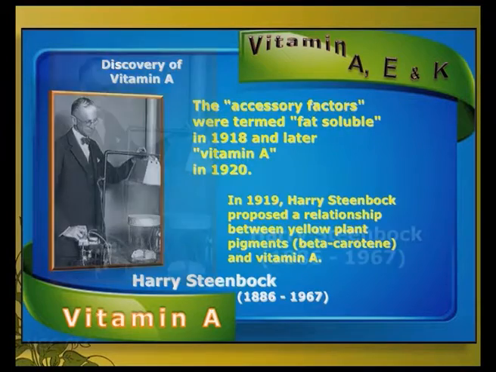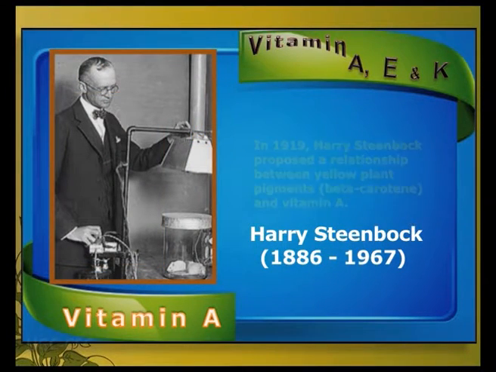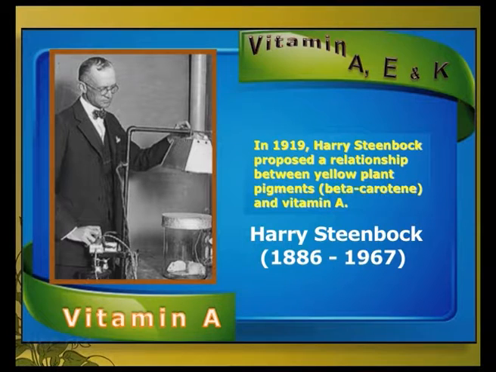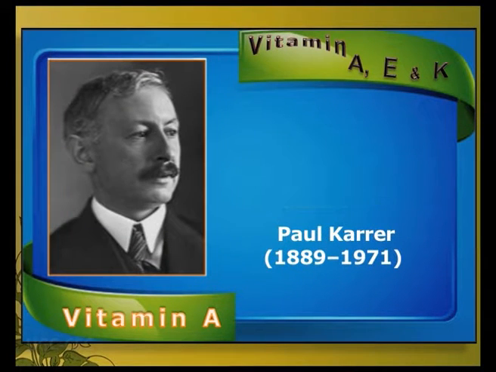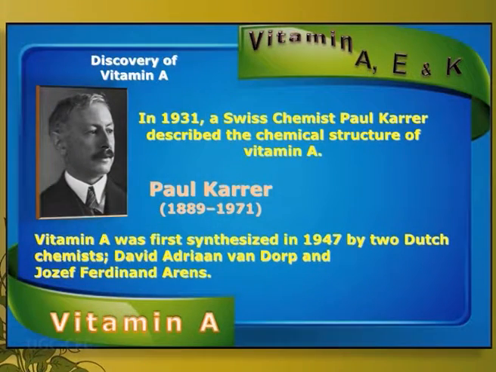In 1919, Harry Steenbock proposed a relationship between yellow colored plant pigment, which is beta carotene, and vitamin A. In 1931, Swiss chemist Paul Karrer described the chemical structure of vitamin A. And vitamin A was first chemically synthesized by two Dutch chemists, David Adriaan van Dorp and Joseph Ferdinand Arens.